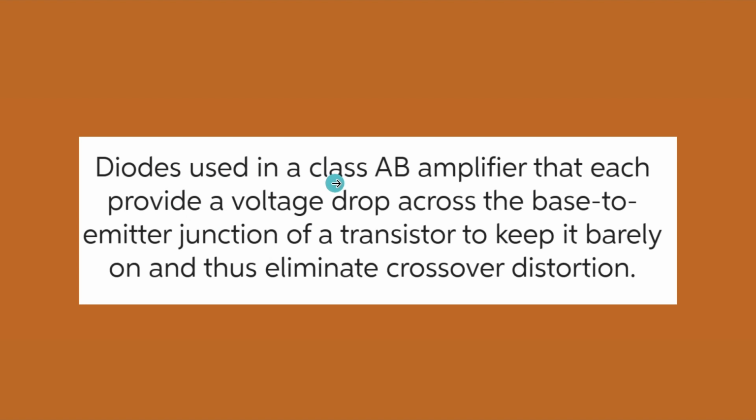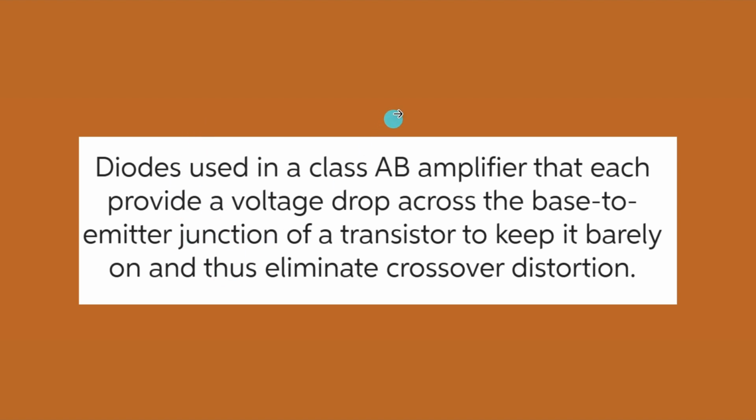Diodes used in a class AB amplifier. You have to understand this is a class AB amplifier and diodes used on that. Each provides a voltage drop across the base to emitter junction.